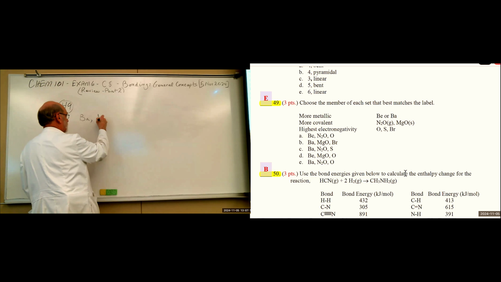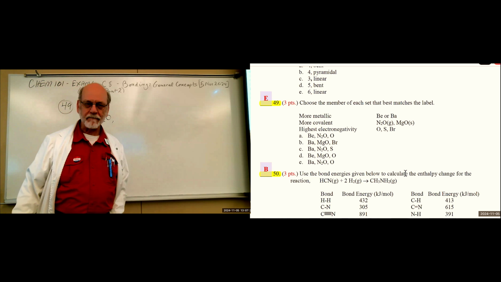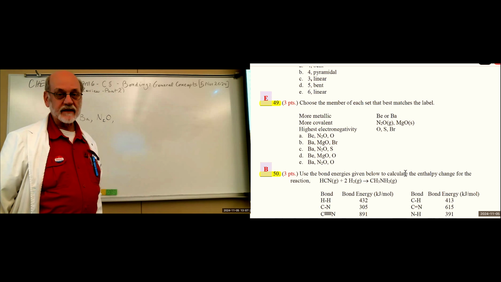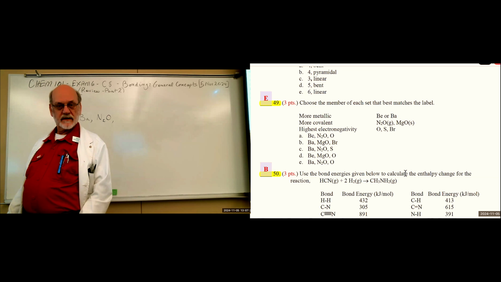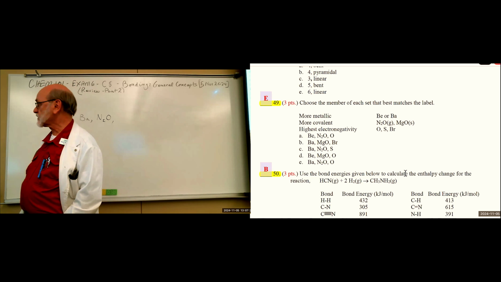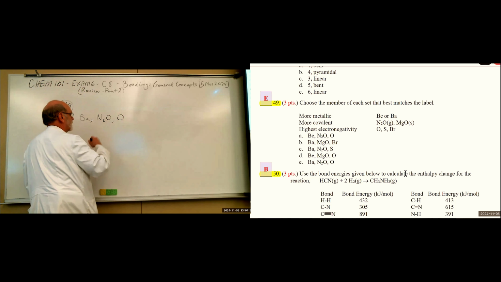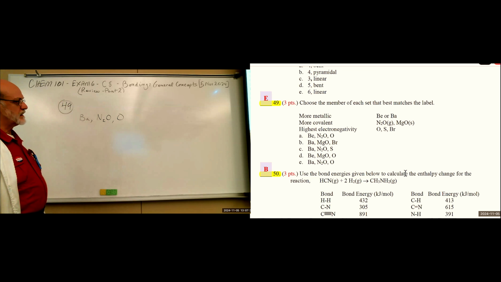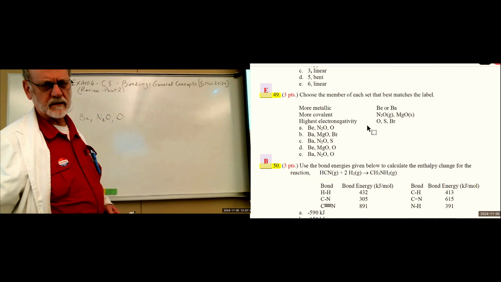So that makes that one covalent. Okay. Now the highest electronegativity. It looks like up and to the right, the furthest we go is oxygen. So those three would be E. I have to read my own questions correctly.